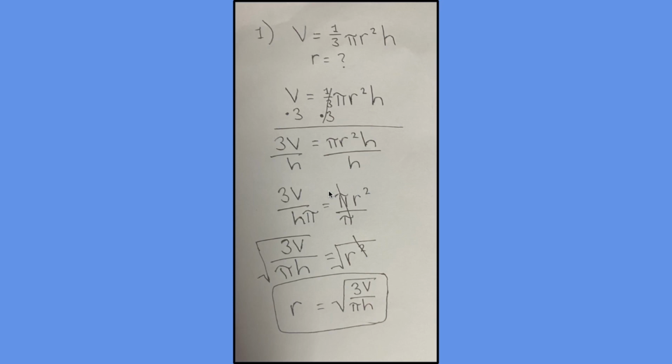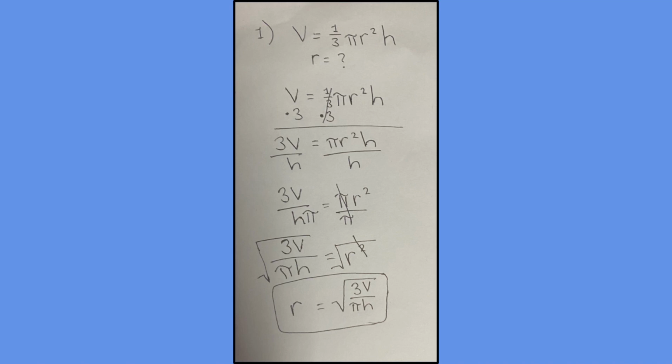For number 1, the formula that was given to us was V equals 1/3 pi r squared h, and they asked us to isolate the variable r. I know that they have pi here, and this might be a little bit of a surprise, but just treat it like any other equation, rearrange the equation and isolate the variable.